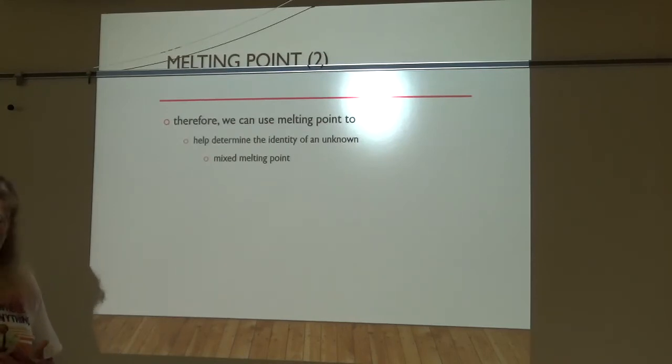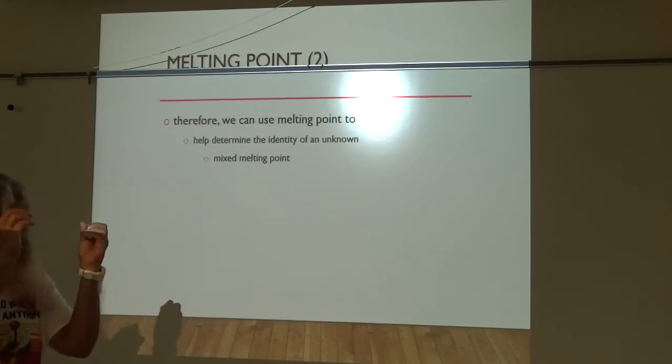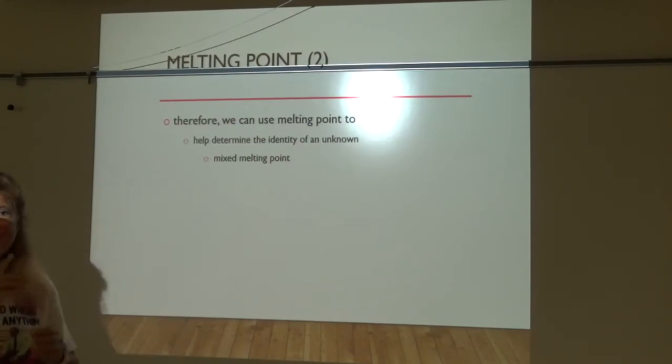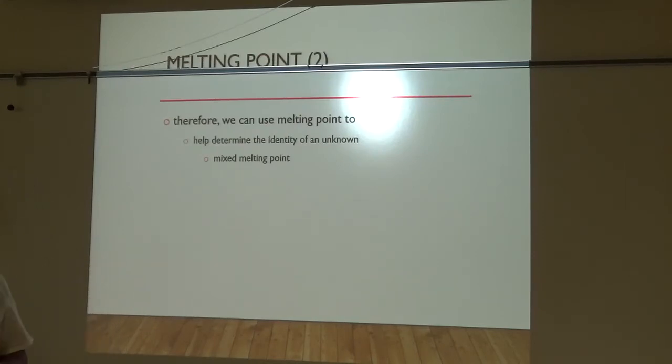If, however, your substance is something different with the same melting point, mix them together and you're likely to get a melting range. That way the mixed melting point can confirm your identity based on melting point data.